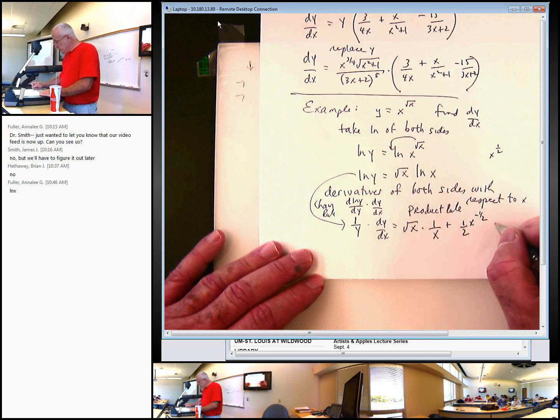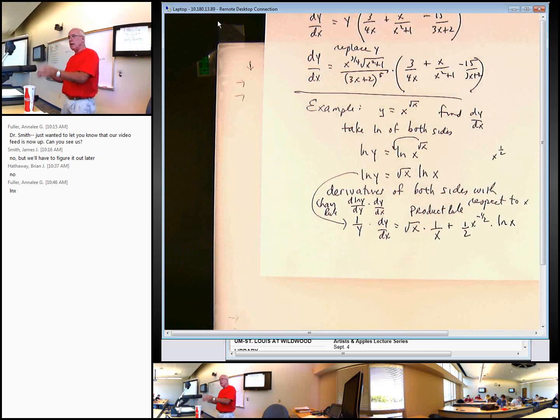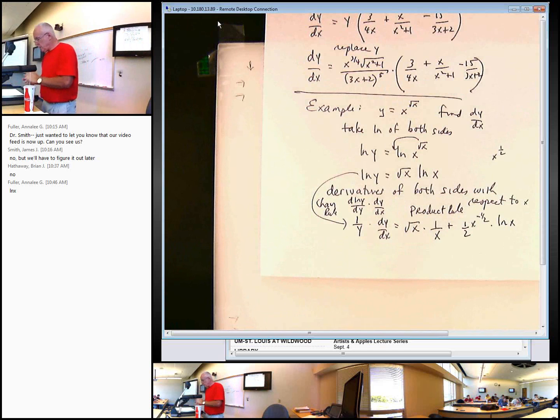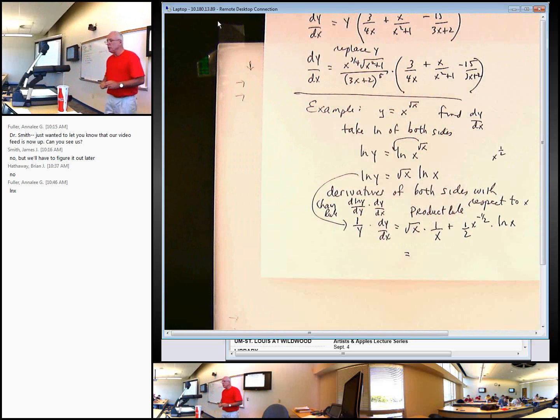And that's going to be times the ln of x, the product rule: the derivative of the one times the other one, plus the derivative of the other one times the first function. Okay, product rule. So let's clean this right side up a little bit.